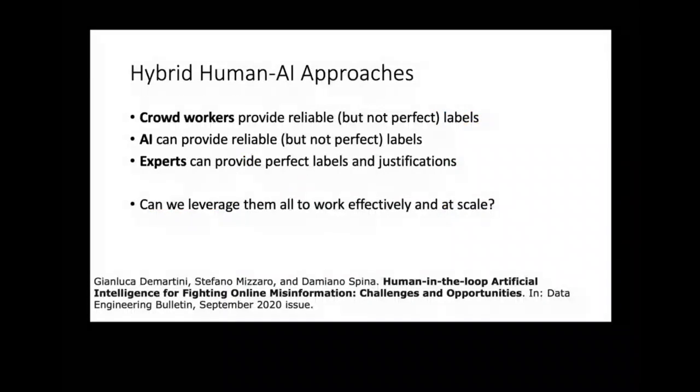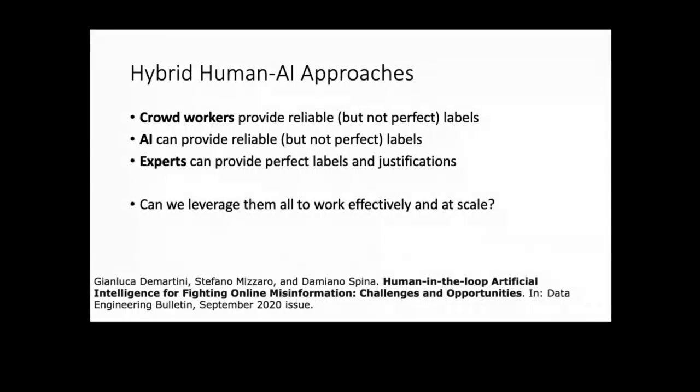Let me also talk about a few other open directions, in my opinion. What we have seen today is several examples in which we can rely on crowd workers to provide manually annotated labels, which are not perfect, but of good quality. We can rely on supervised models to provide, very efficiently, classification decisions at scale, but again, still with some errors.